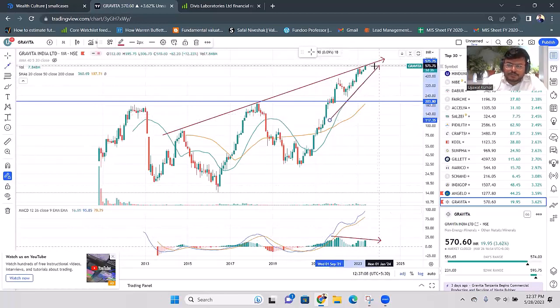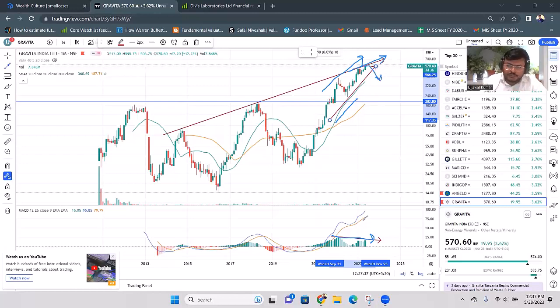So as the stock starts making a higher high, my buying pressure is coming down, my buying intensity is coming down, because my histograms are getting smaller and smaller, and obviously there is a resistance line also. So in my view, the stock will take resistance and start going down from here.